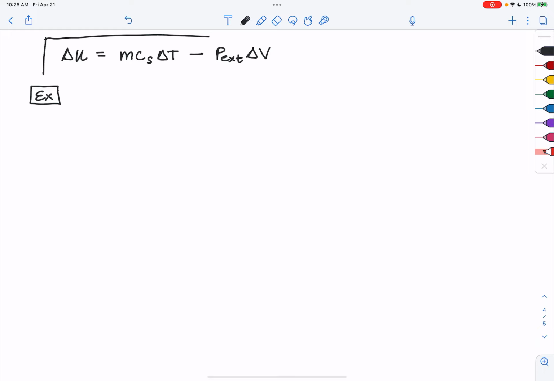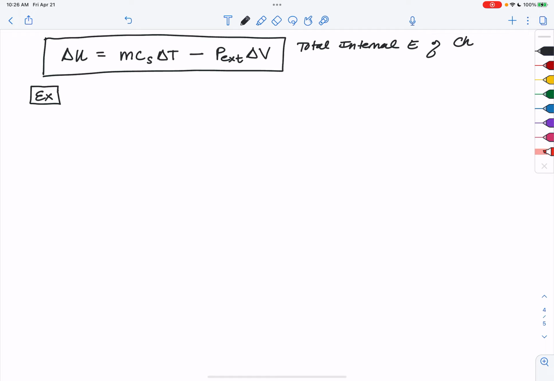So this is our total internal energy of a chemical system that's typically seen in Chem 210. So let's look at a more basic example, and then we can maybe add some detail in another video depending on how we're feeling.